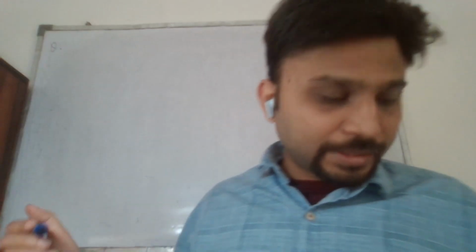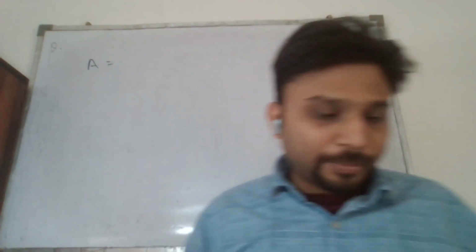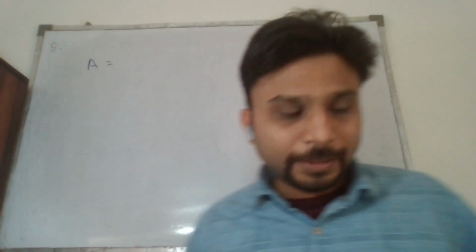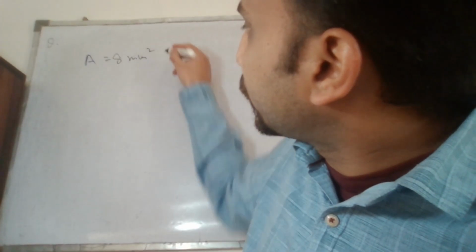The wider part of a venturimeter has a cross section equal to that of an artery in a dog. We always take the wider part to be capital A, and its cross section area is given as 8 mm squared.